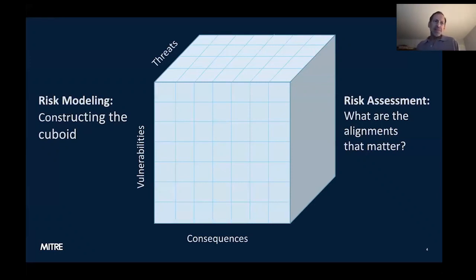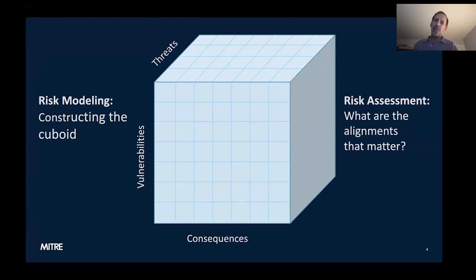When you're doing risk modeling, basically what you're trying to do is construct this cuboid. It's a cuboid because it isn't necessarily strictly a cube. As the general saying goes, threats exploit vulnerabilities that result in adverse consequences, and there's an axis or dimension for each of those.